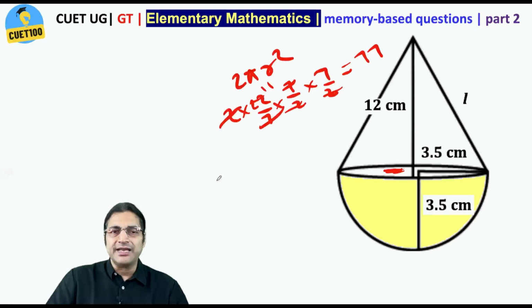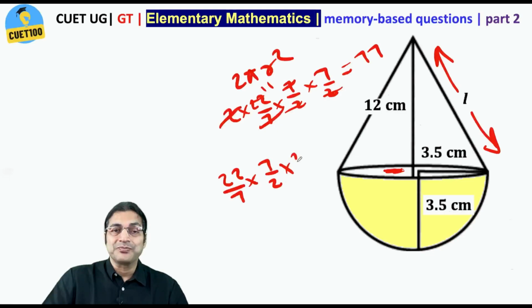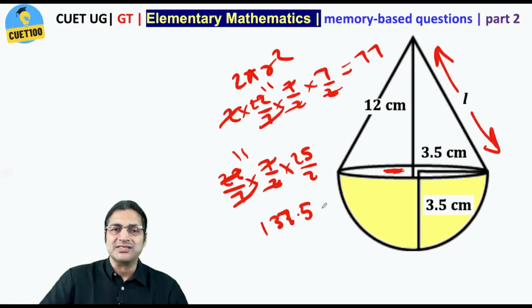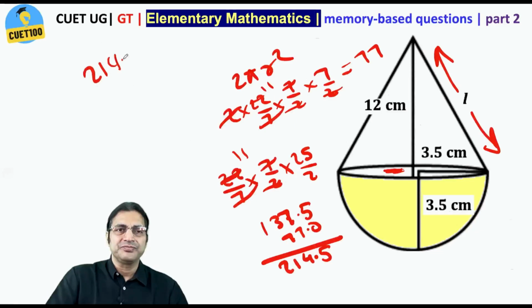The cone's lateral surface area would be pi r l, 22 by 7 into r, that is 7/2, into the slant height. We have already calculated this is 25 by 2. This is 25 by 2, right? 7 to 11 times 25 into 11, 275, 275 by 2, 137.5, right? 137.5 plus 77. 5, 7, 7, 14, 4, carry over 1, 214.5, right?